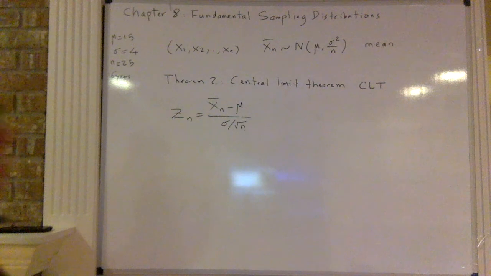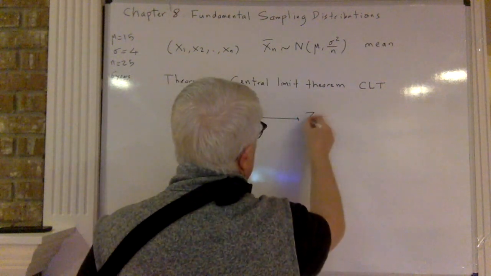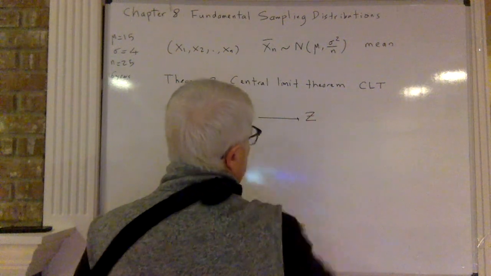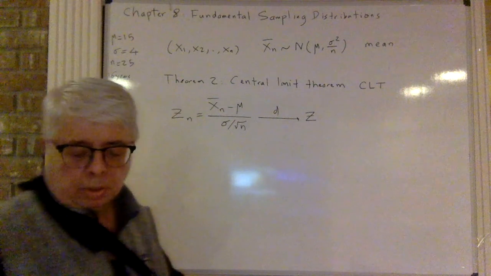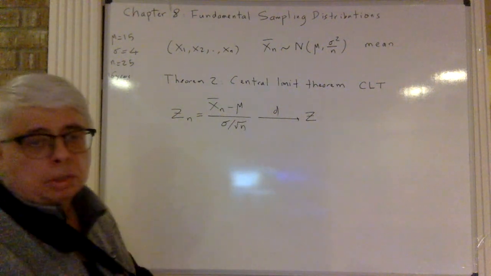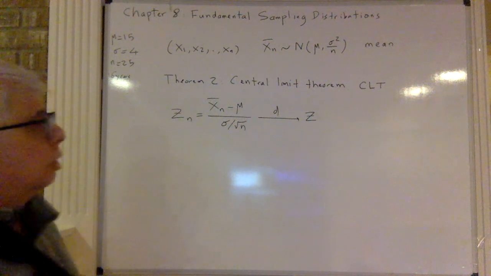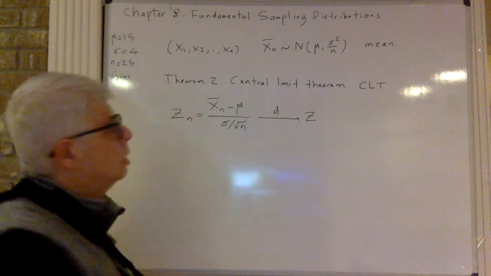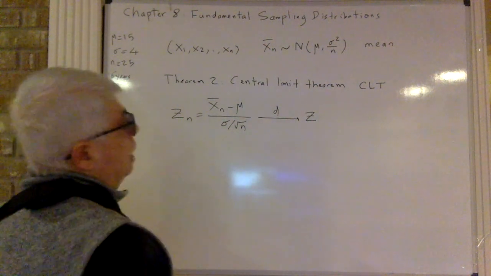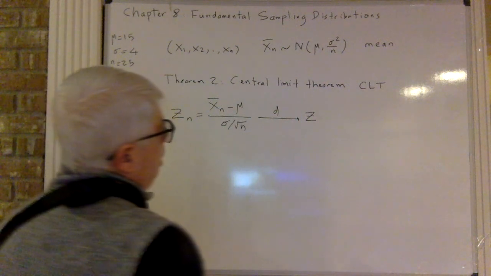Central limit theorem says that this, in fact, approaches some Z in distribution. That part is not easy to prove, and it needs a lot more mathematics, even at a higher, graduate level, to prove that this in the limit gives me a random variable in distribution.